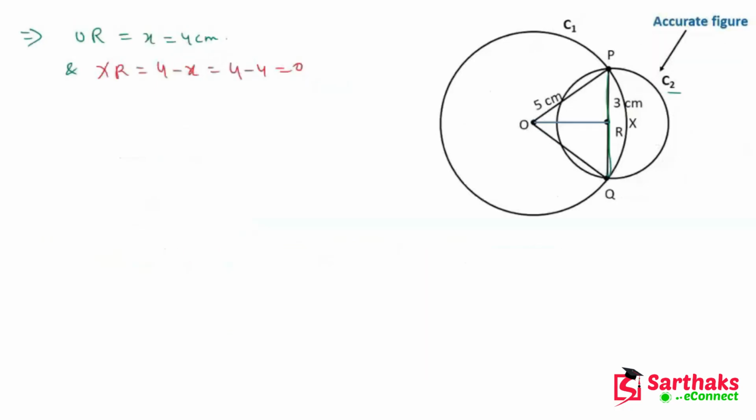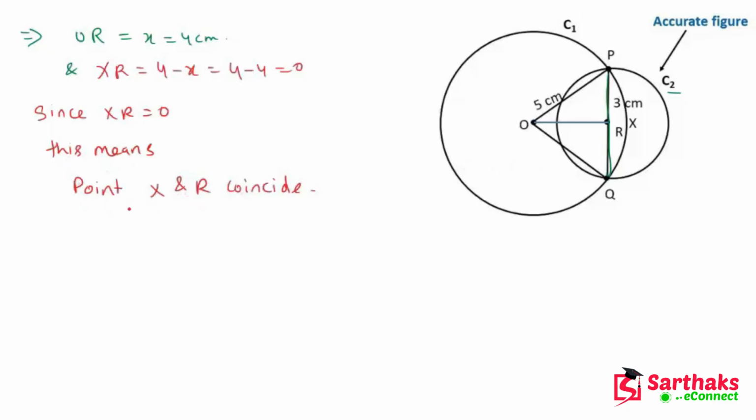So here we can say, since XR is equal to 0, this means point X and R coincide.